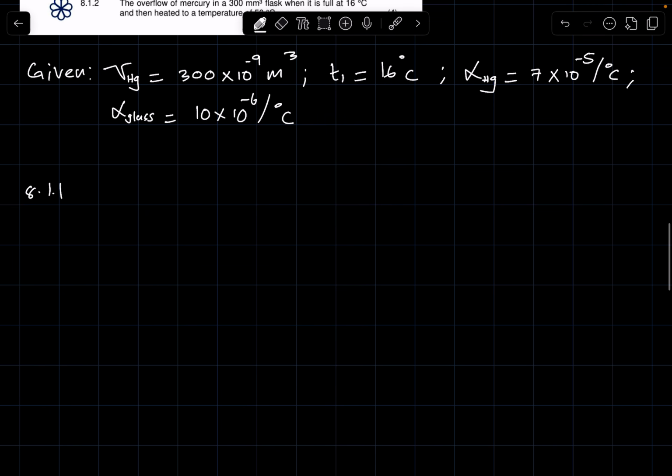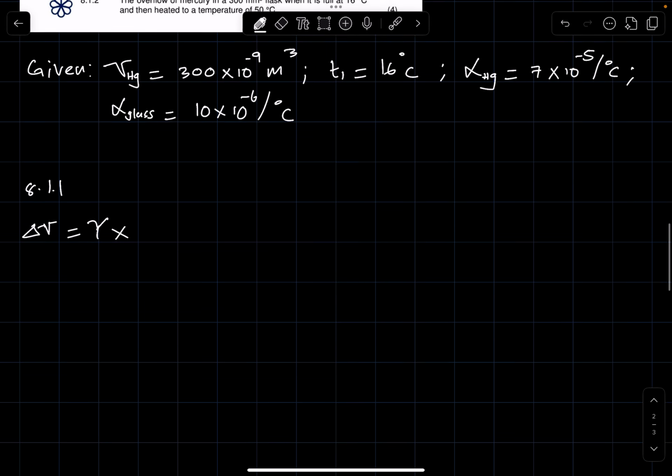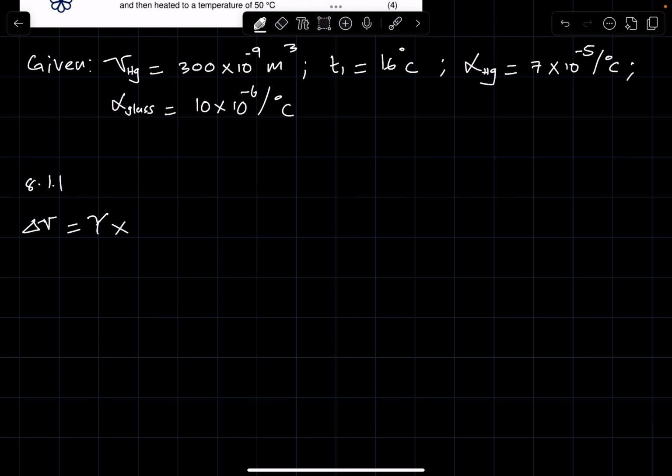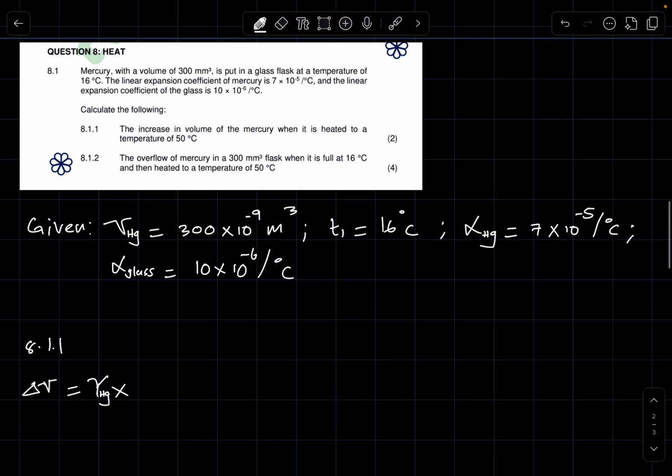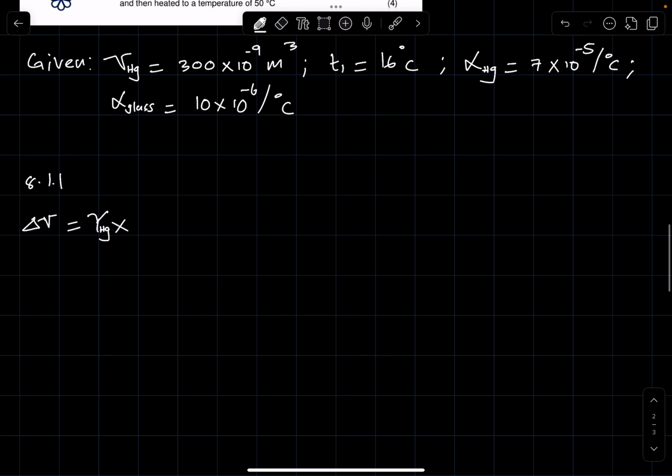So the change in volume we know is equal to gamma, the volumetric expansion coefficient of the mercury, times the original volume times the change in temperature.